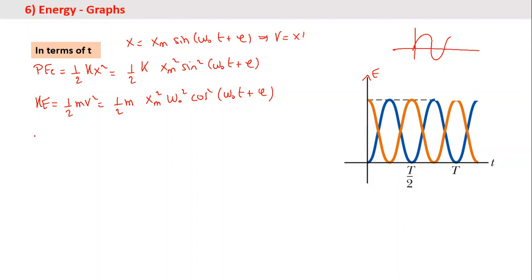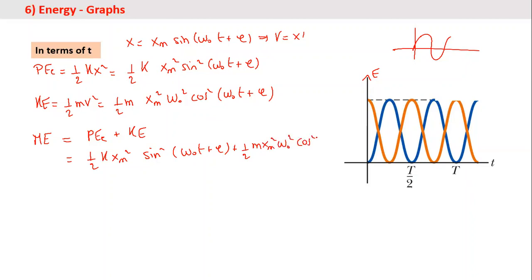So let's see the mechanical energy. Will the mechanical energy be a sinusoidal equation or is it constant, knowing that there is no friction? ME equals PEE plus KE, which is half kxm square sine square omega 0 t plus phi, plus half m xm square omega 0 square cosine square omega 0 t plus phi.